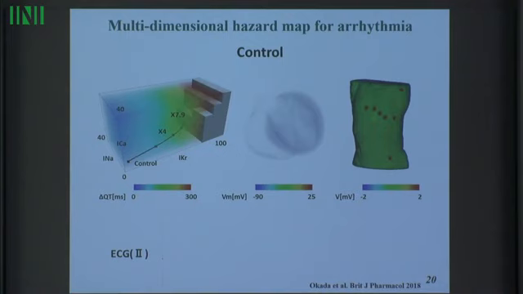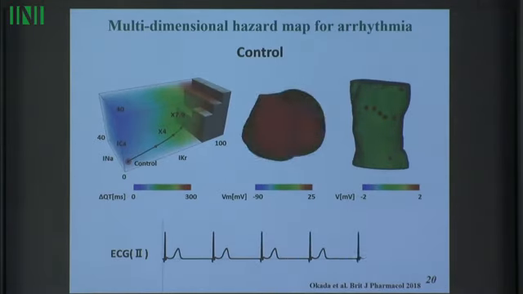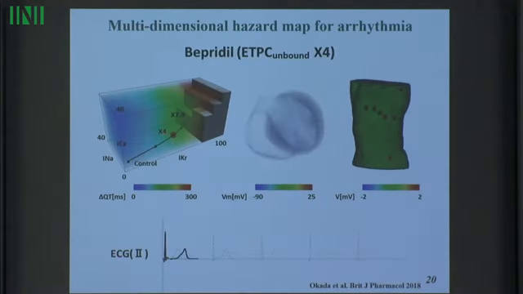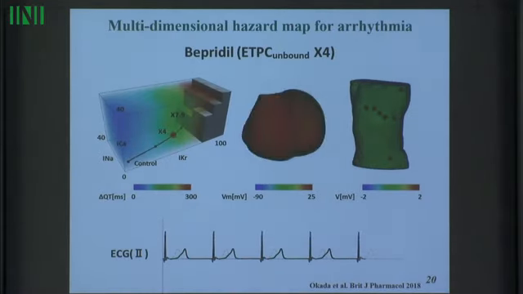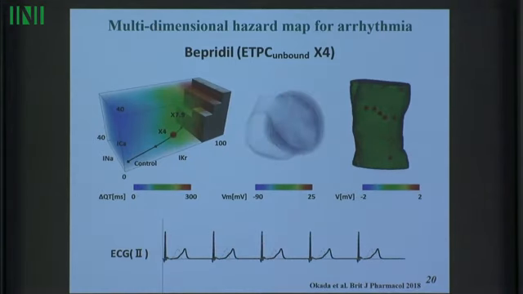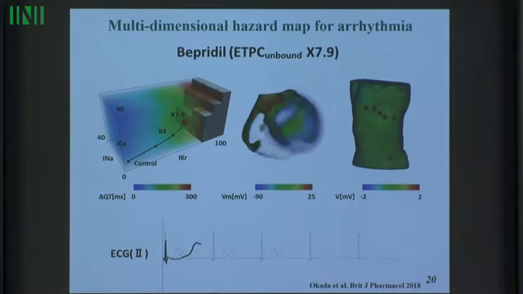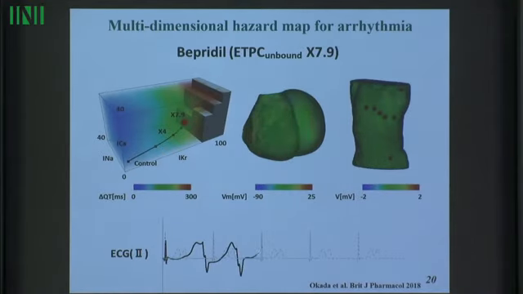Starting from the control condition without any inhibitions, we obtain this ECG. We increase the concentration to 4 times ETPC. Then you see that the QT interval is prolonged. And at 7.9 times, we observed arrhythmias.